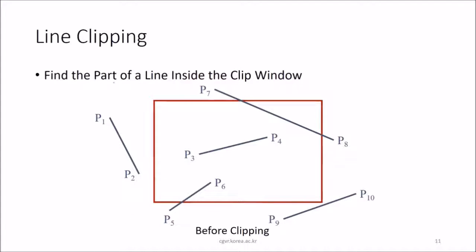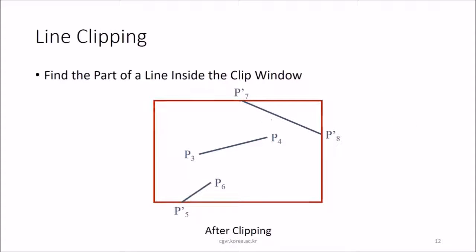What about line clipping? We find the part of a line inside a clip window. This is a view before clipping. We have to be very sure about P7, P8 and P5, P6 because they are at the boundary. P3, P4 is inside. So after clipping, what is to be shown inside the window?